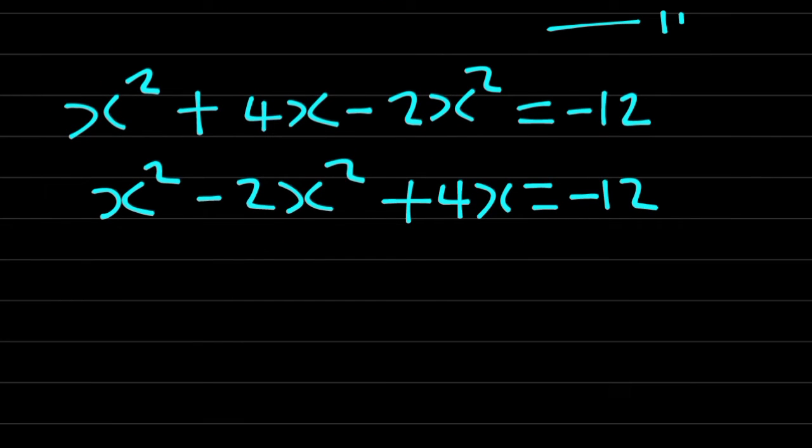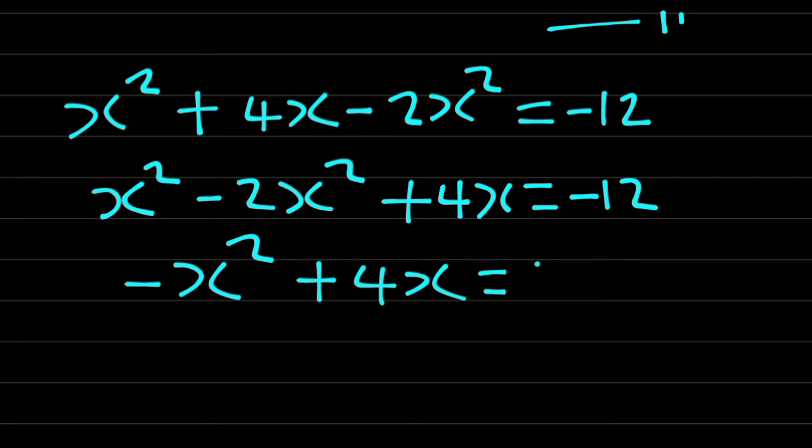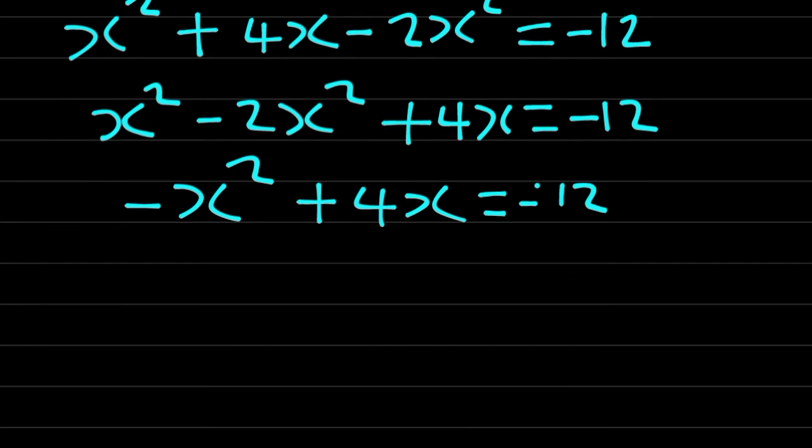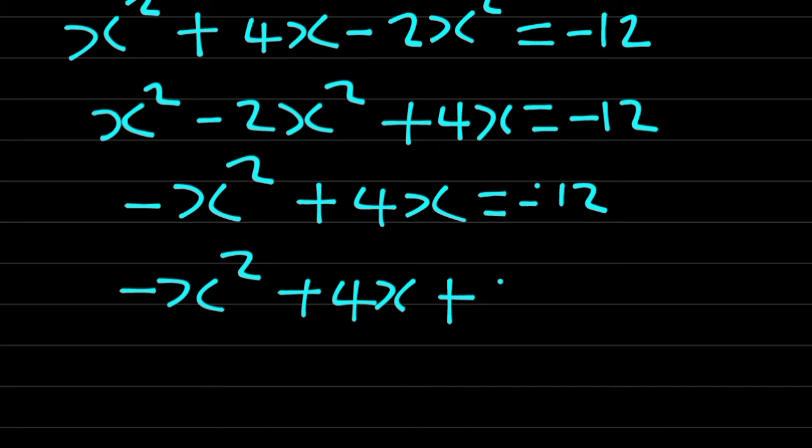X squared minus 2x squared is actually minus x squared, then plus 4x is equal to minus 12. This is the same thing as minus x squared plus 4x plus 12. Let's take 12 to the other side. We have plus 12 is equal to 0.